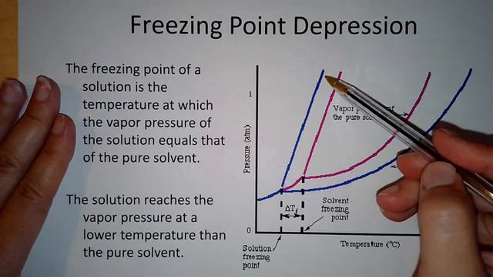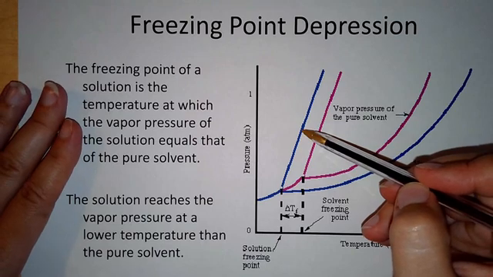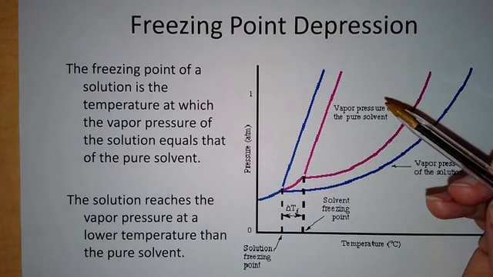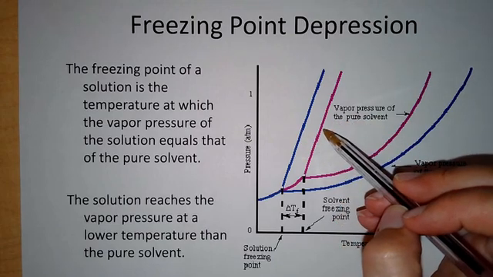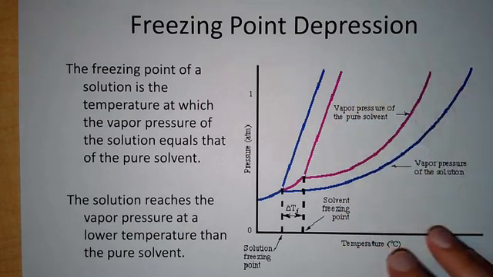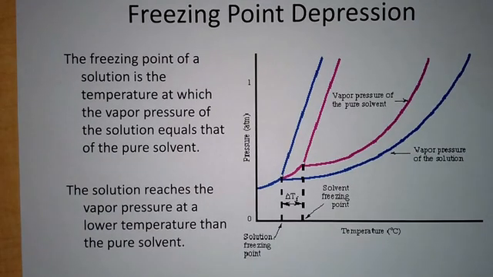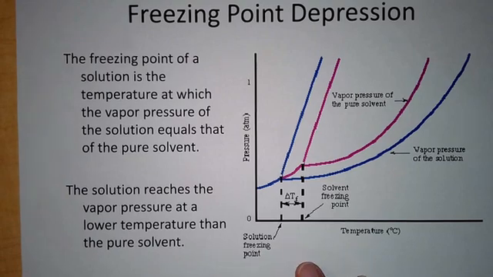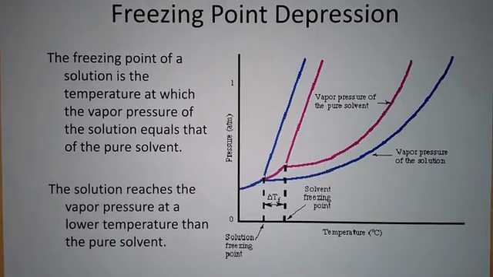So we can see it shift to the left, or go the other way, so our freezing point decreases compared to solvent by itself. And the reason this occurs is because we have solute molecules mixed with our solvent molecules. And remember, in order to freeze something, the molecules have to get close together and arrange in a lattice formation.